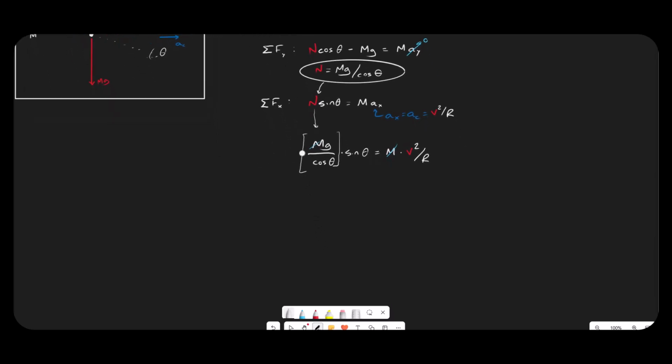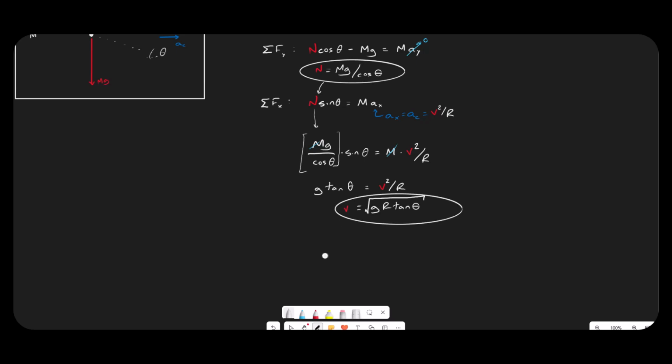So the left side becomes g tan theta. The right side is just v squared over r. I'm solving for v. v is going to be the square root of g r tan theta.